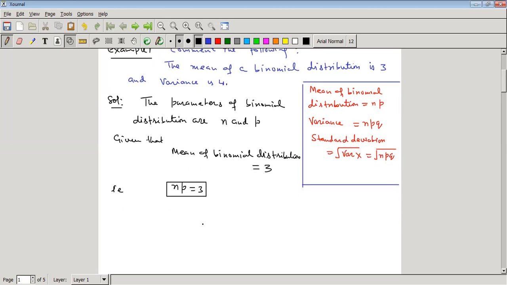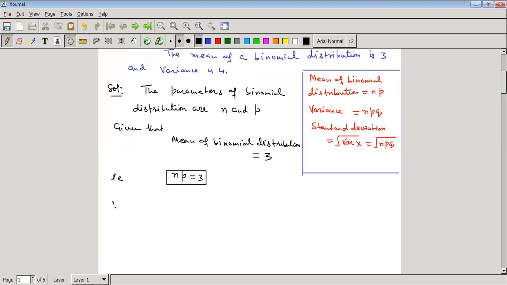What is the second condition? Variance of binomial distribution is equal to 4, that is npq is equal to 4.